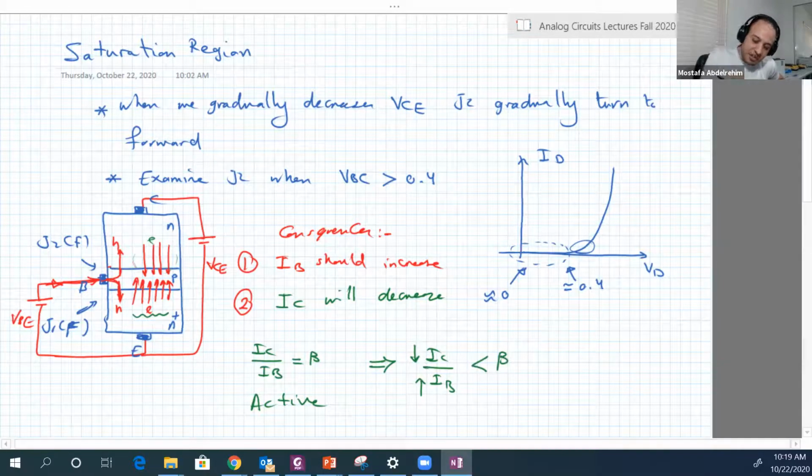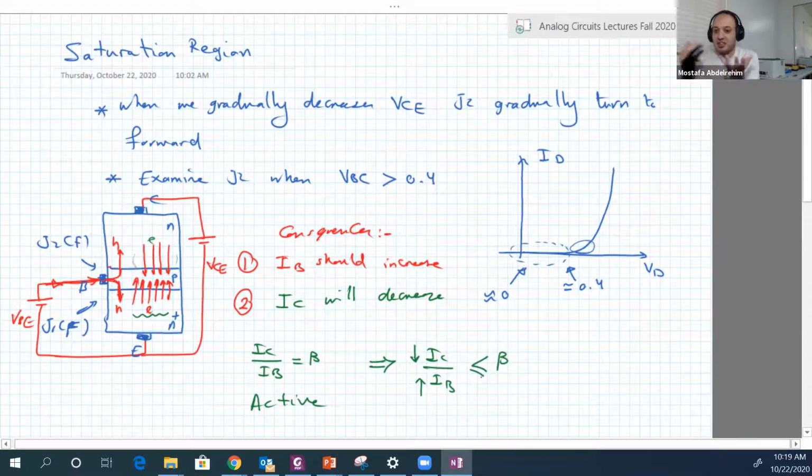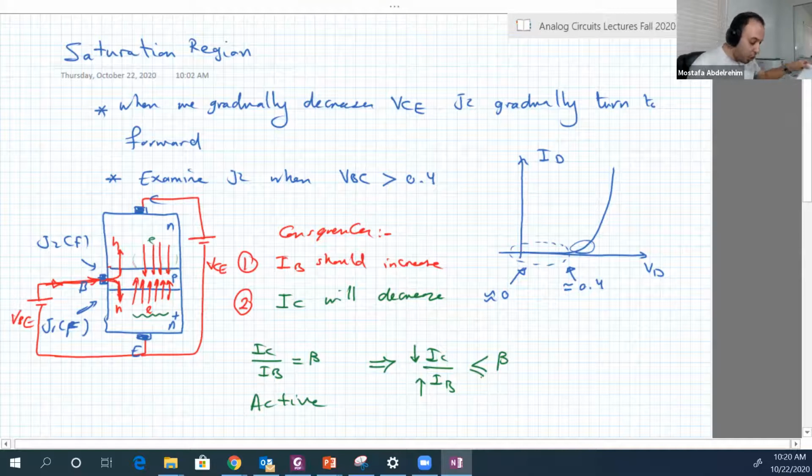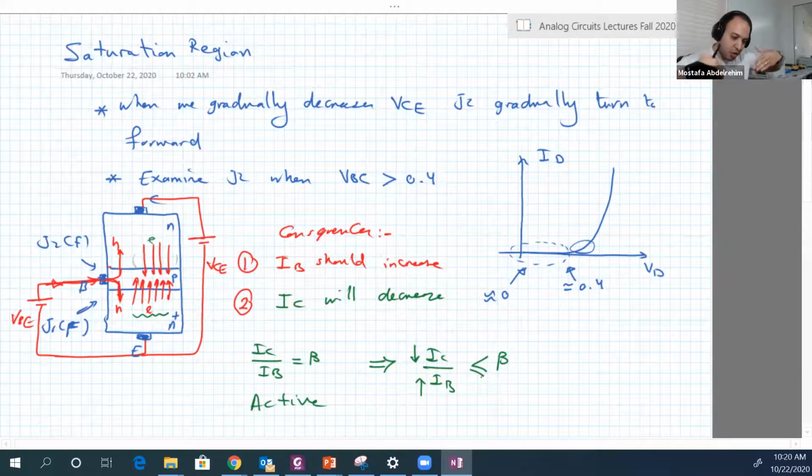Or more specifically, less than or equal to, because there is a point at which it's like a transition point. You remember with diodes, this point between off and on. So these are the two consequences that will happen when J2 becomes, not strongly forward, but at least conducting forward.